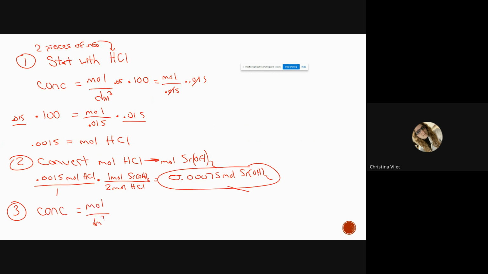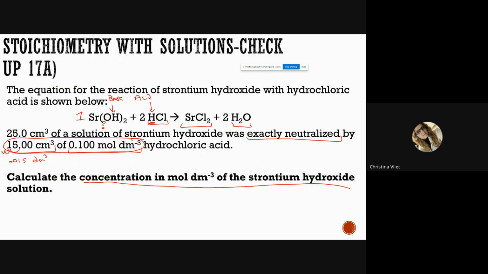I need the moles and I need the concentration. I need the moles of Sr(OH)2 and I need the decimeters cubed of Sr(OH)2. I just found the moles. We just found the moles. That's what we did. Do we have the volume of Sr(OH)2 given in this question?